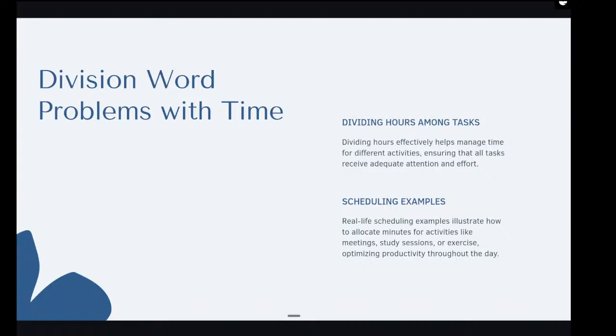Dividing hours efficiently helps manage time for different activities, ensuring that all tasks receive adequate attention and effort. Scheduling examples. Real life scheduling examples illustrate how to allocate minutes for activities like meetings, study sessions, or exercise, optimizing productivity throughout the day.